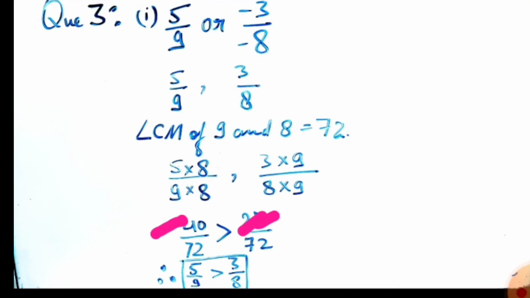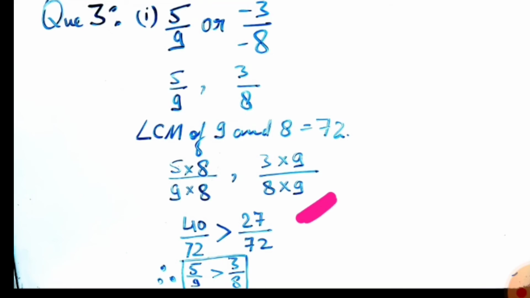And we will think what should we multiply with the denominator to make it equal to LCM. 9 how many times is 72? We know that 8 times is 72. So we'll write here 9 multiplied by 8. The same number we will multiply with the numerator also. So it will be 5 into 8 upon 9 into 8.